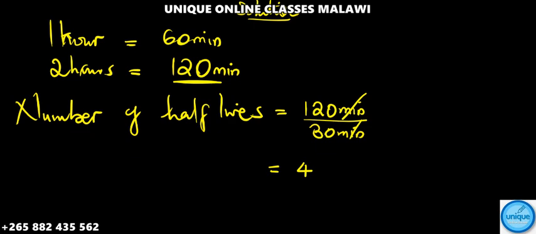Since we are involving half, the formula which we use is 1/2, which is the half-life, to the power n. 1/2 is 1 half-life, and n here is the number of half-lives.